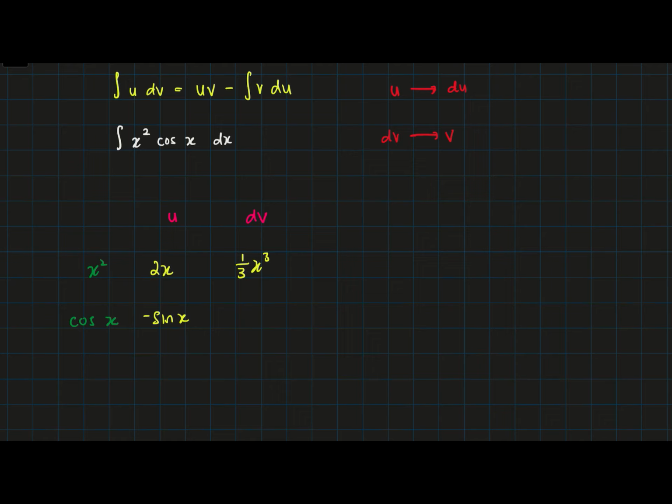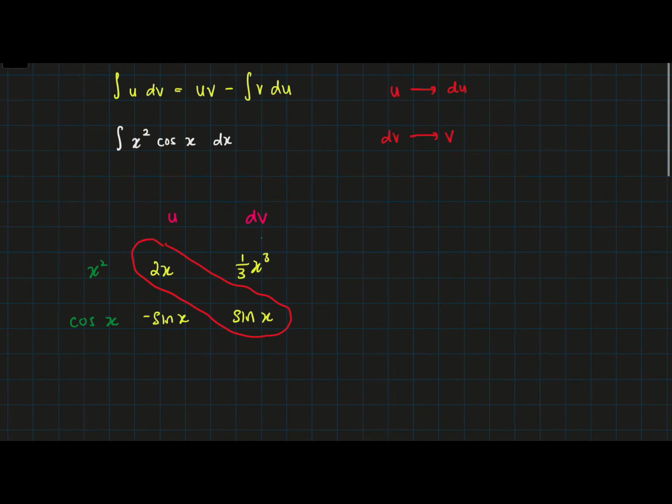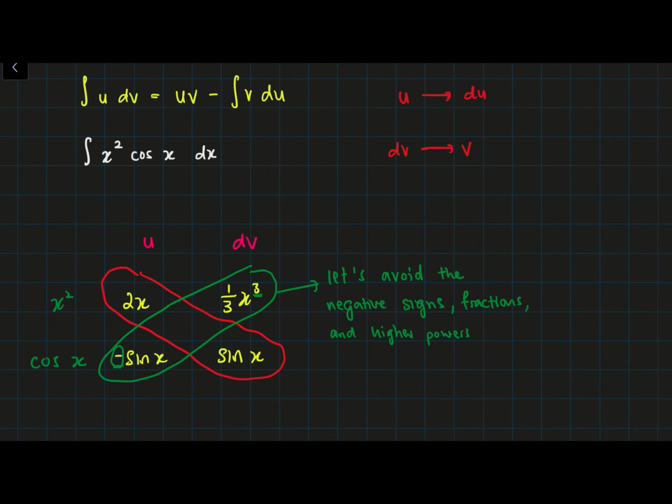And if you let dv equal cos x, the integral of cos x is sin x. Since it is neater to differentiate x squared and integrate cos x, we will use those. Also, we want to avoid doing integration by parts with negative signs, fractions, and higher powers.